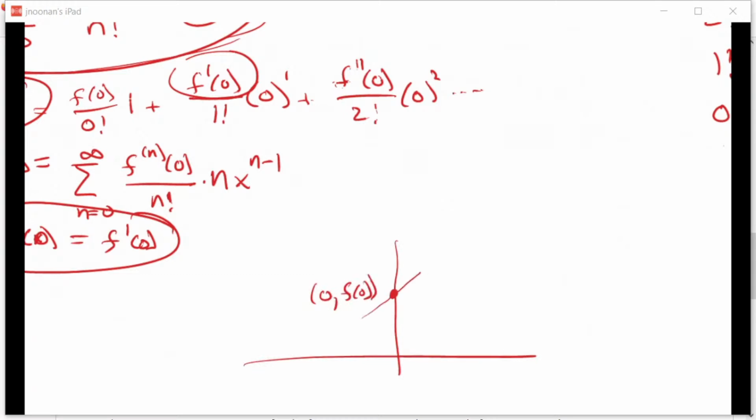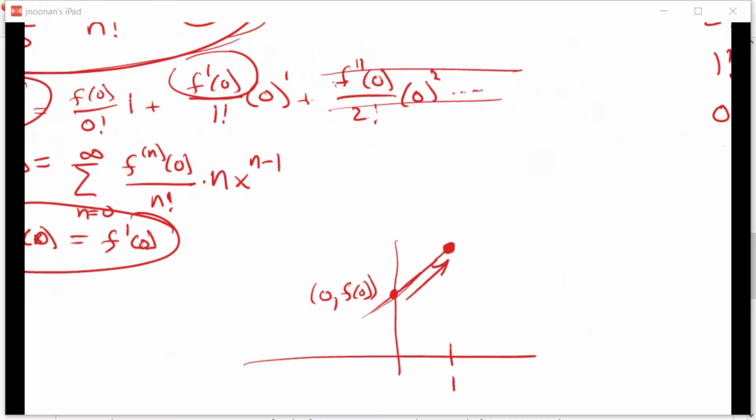And so in a sense, if you ignore all of the rest of the terms, what you have here is the linearization for this function. And so if in fact this does converge at 1, that linearization is going to be close to f of 1. That doesn't prove that it's equal to f of 1, but it's close.